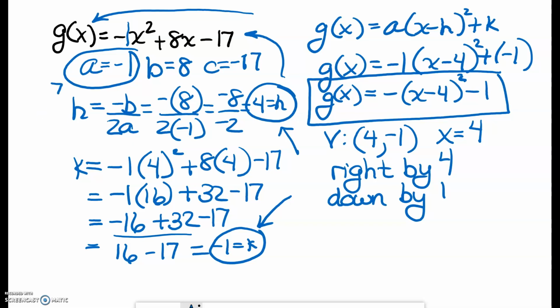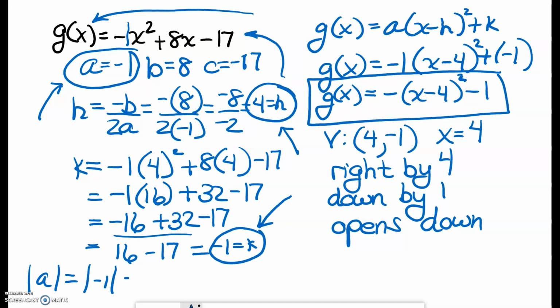My a value is negative, so my graph opens down. The absolute value of a is the absolute value of negative 1, which is 1. Because the absolute value of a equals 1, I have no stretch or compress. So I am done.